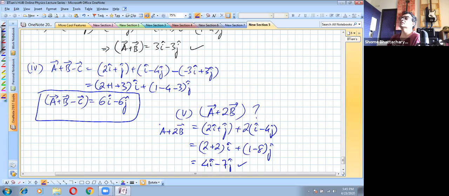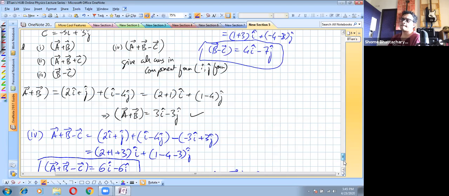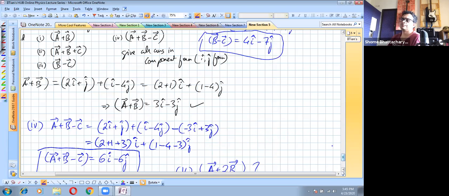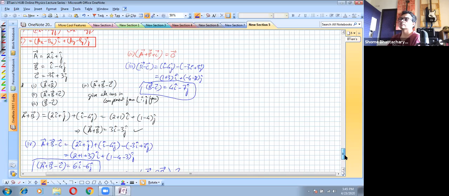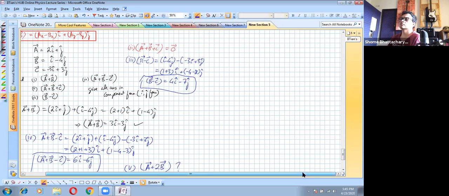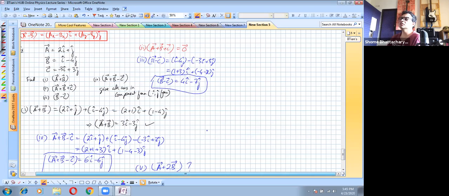Any sort of combination like this can be done just by using your normal principles of algebra and arithmetic. I'll just minimize this so you can verify your answers.